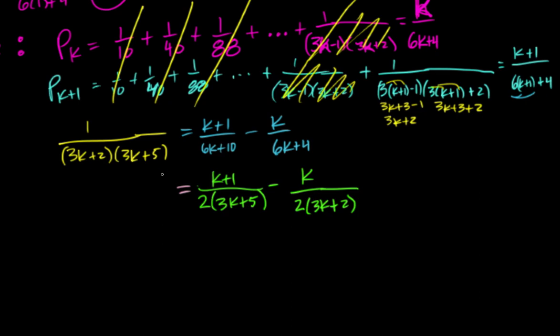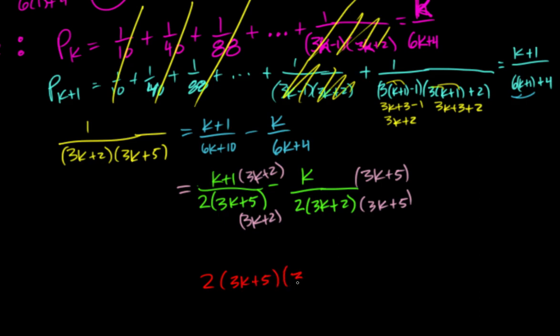Now, what I'm going to do is get common denominators. So I'm going to do 3k plus 5, 3k plus 5, and then 3k plus 2, 3k plus 2. All right, so the new denominator is 2 times 3k plus 5 times 3k plus 2.